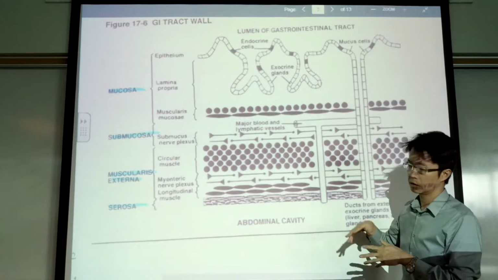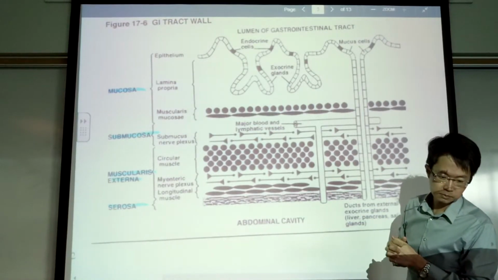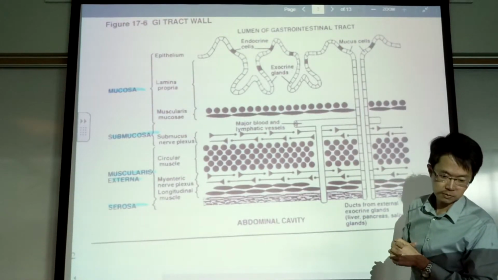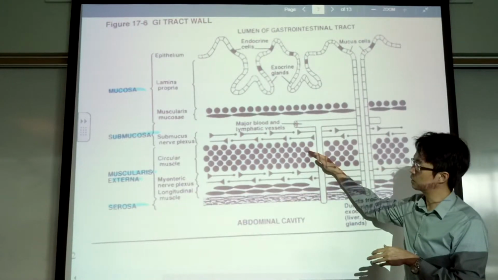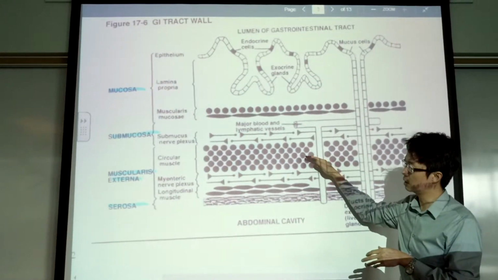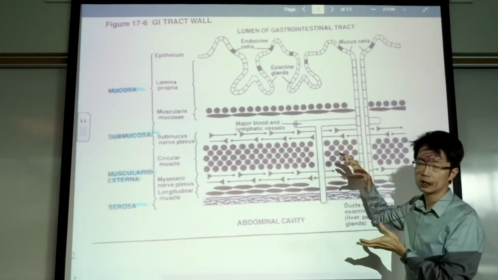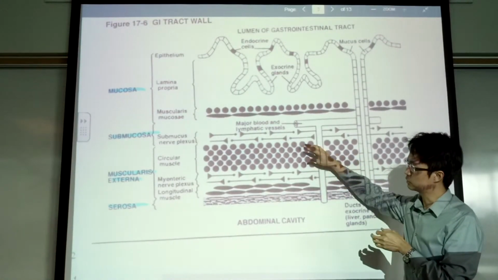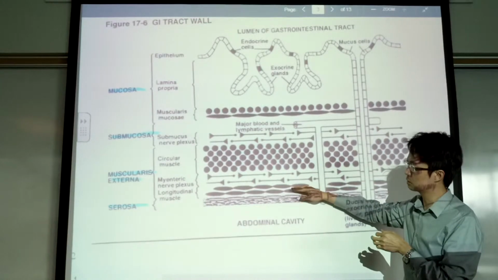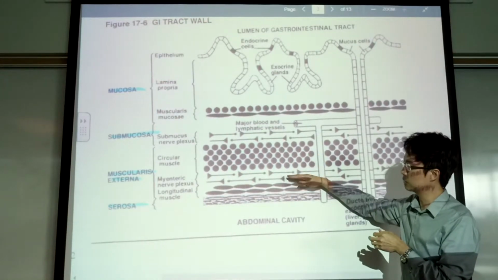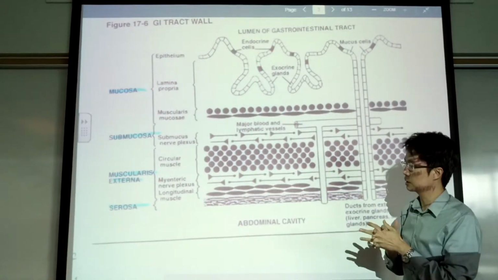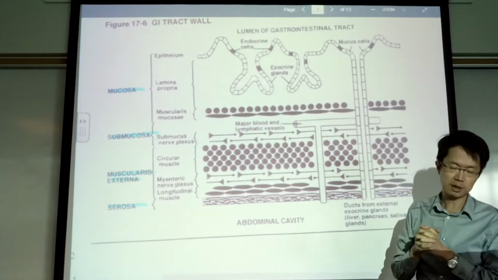And then in the muscularis externa, it is a very thick layer of muscle. You have circular muscle and longitudinal muscle, and in between them you have the myenteric nerve plexus.